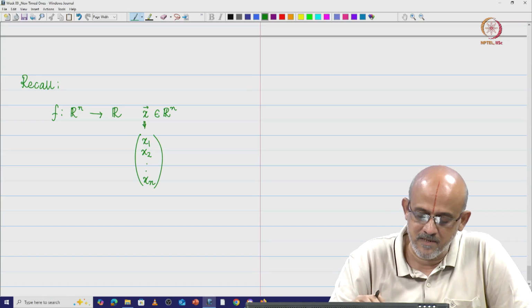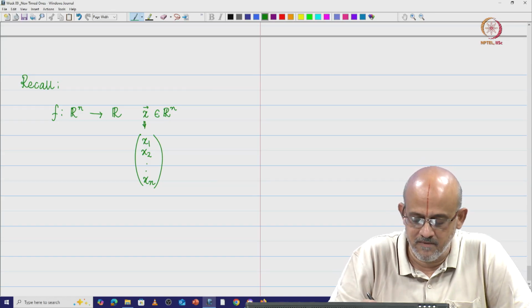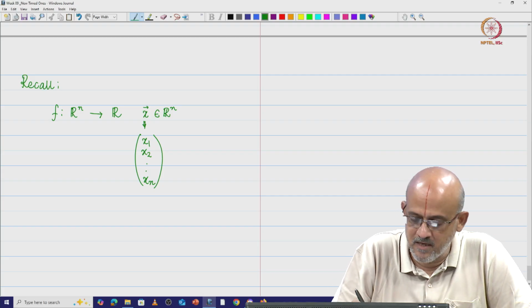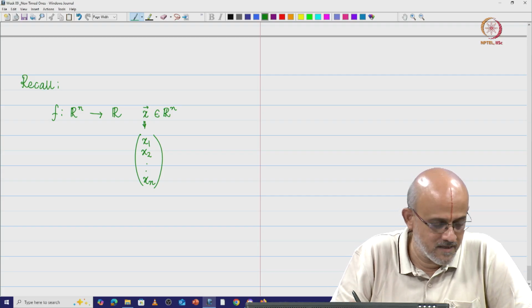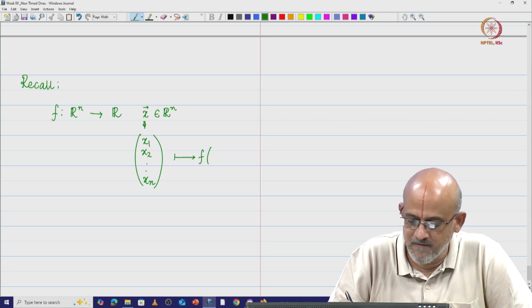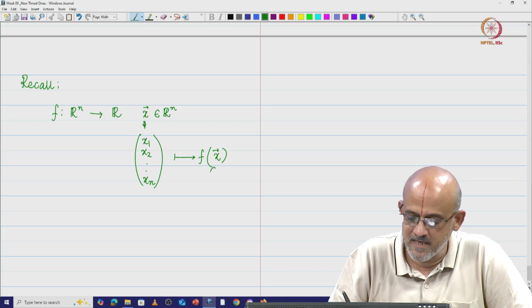The function takes all these n variables and returns f of x vector, which is a real number, right? This is basically a real number.